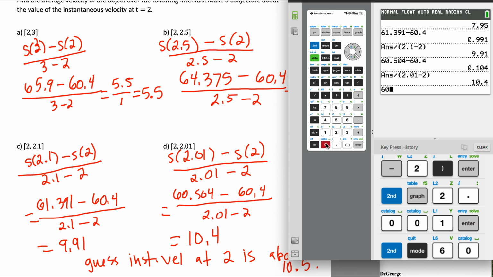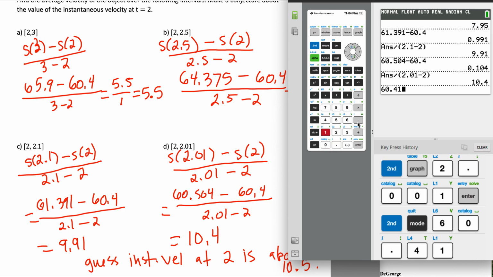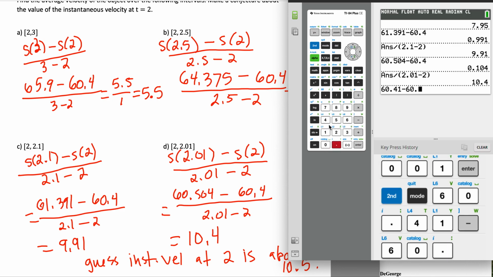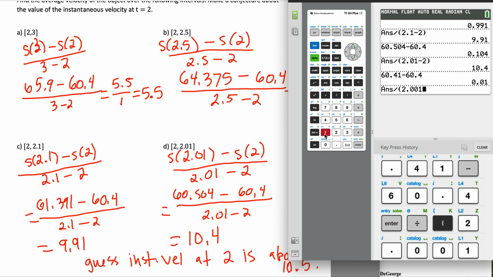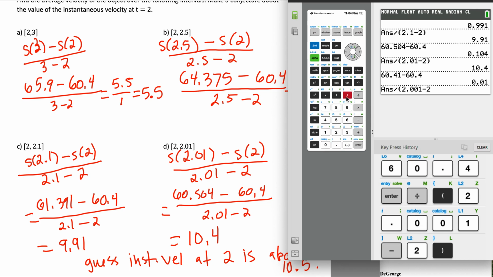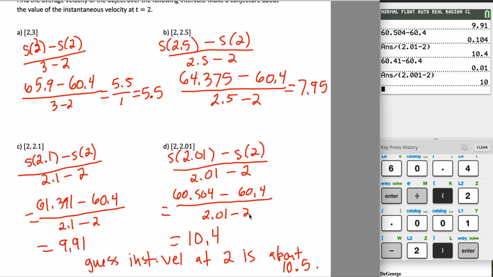So 60.41 minus s of 2 again, 60.4, divided by 2.001 minus 2 gives me 10. Oh, so maybe we're going to say 10. It's just sort of bouncing around. So let's make our estimate even better. About 10. Okay, that's average rate of change.